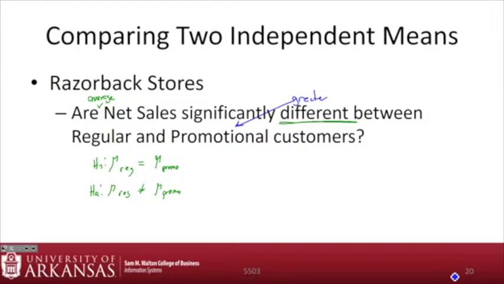So then, what would my symbol be between my regular and my promotional? So less than, yes, right? Because of the way that I wrote it, it's the mean of the regular is less than the mean of the promotional.